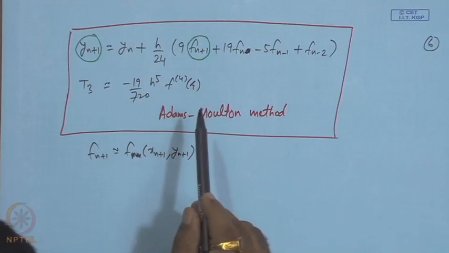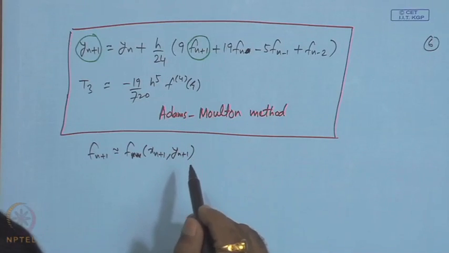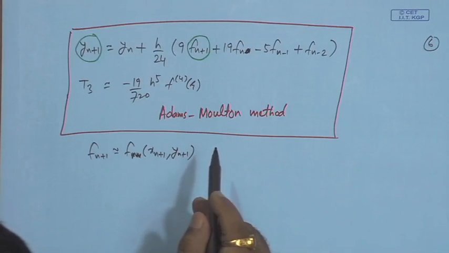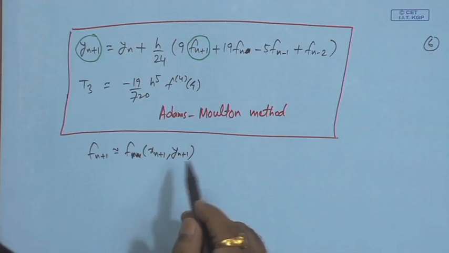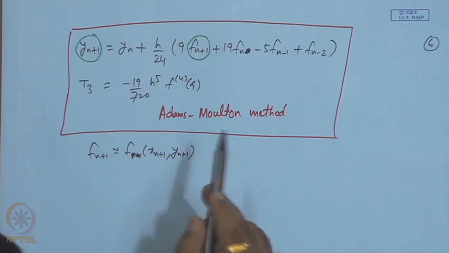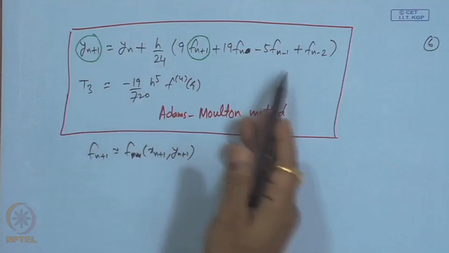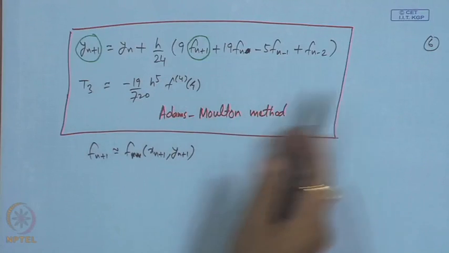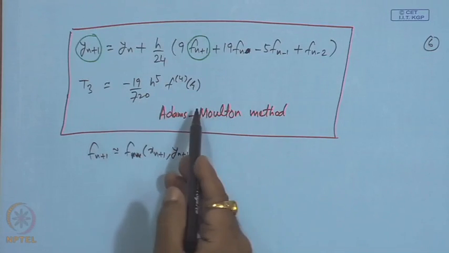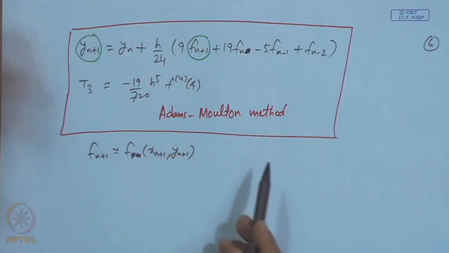Okay. So, now for a given general multi-step method, how do we compute the error? Well, this is the method, and once we derive it, we know this is the error, because we have derived it.